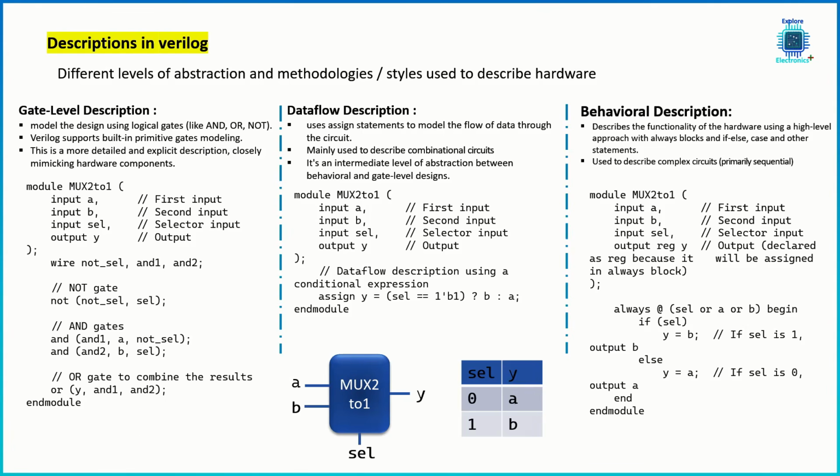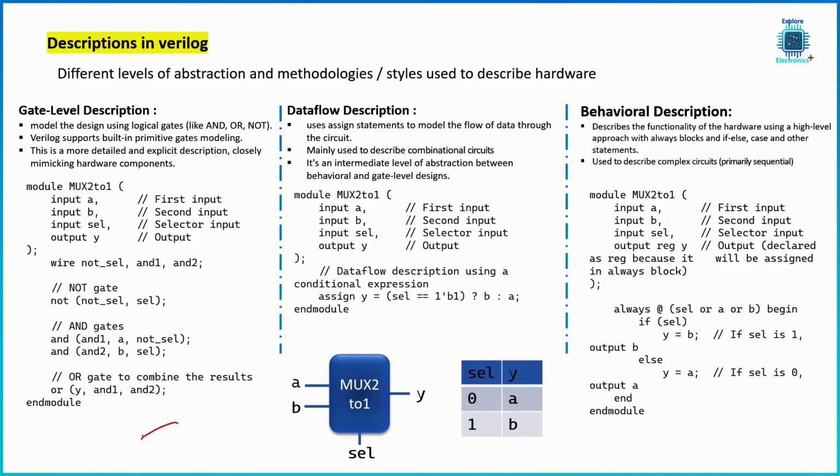This 2:1 mux requires two AND gates. The first AND gate is given A and select bar, and the second AND gate is given B and select. This gives us A into S bar and this gives us B into S, and an OR gate on these two gives us the output Y. This is the simple gate level implementation of a 2:1 mux.